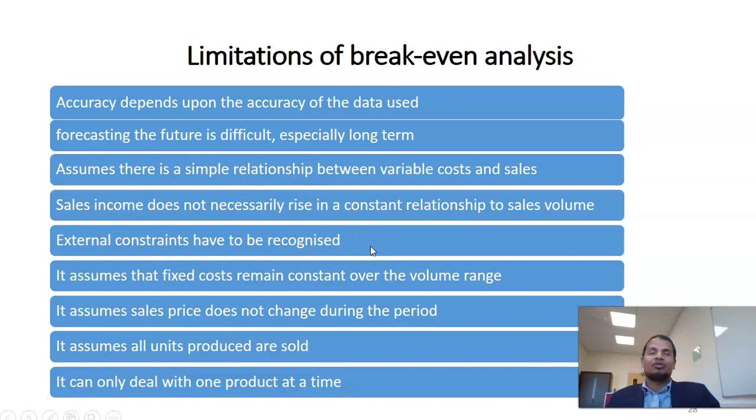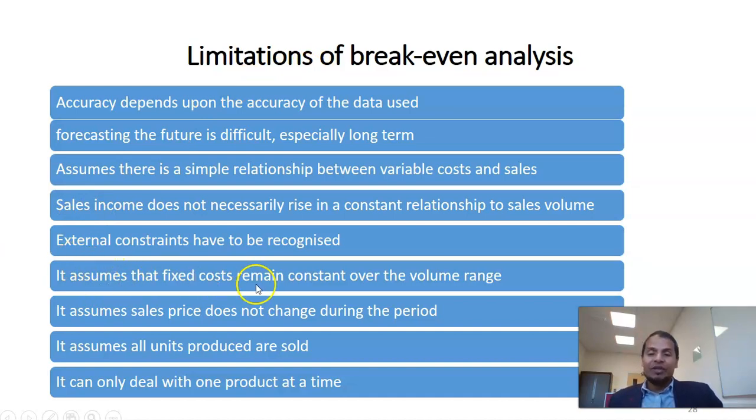That's the limitation of this analysis, that we can't consider external constraints. If for any other factors sales, variable cost or fixed cost are impacted, what we cannot predict, we cannot control using cost volume profit analysis.